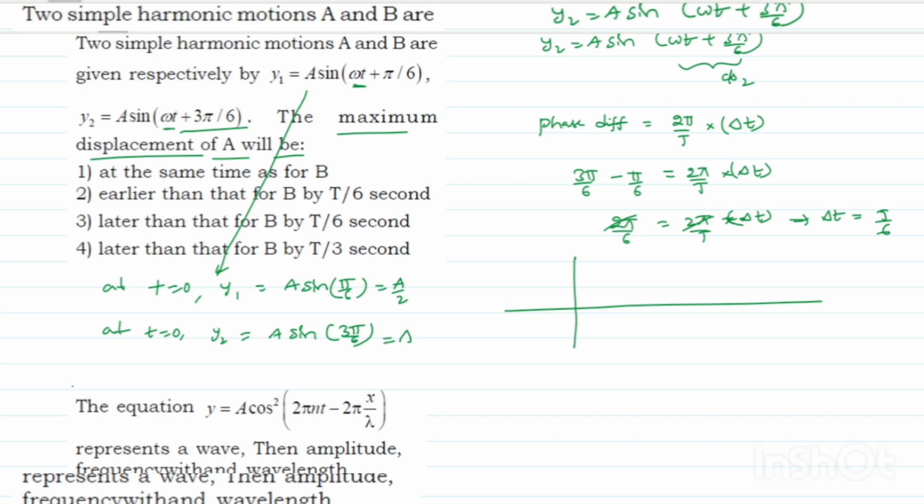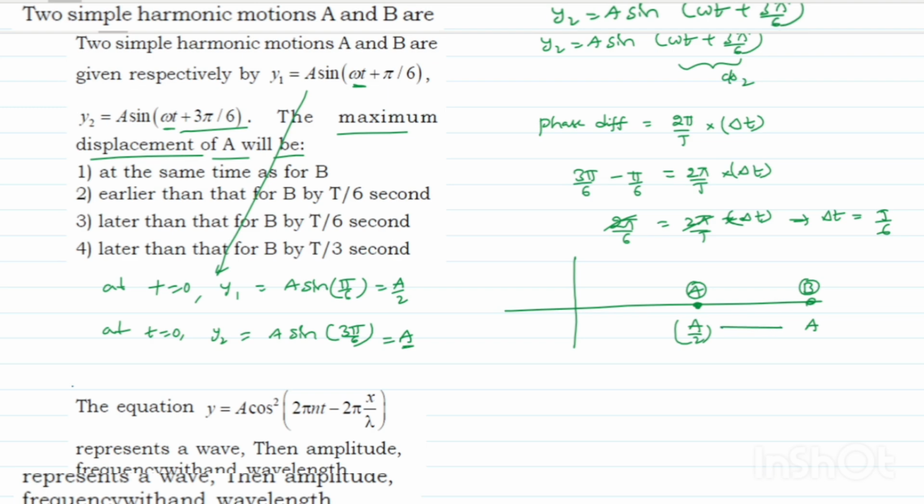Sin 90 is 1, so we get A. That means the A particle is at a distance of A by 2, and the B particle is at a displacement of A, at the amplitude.